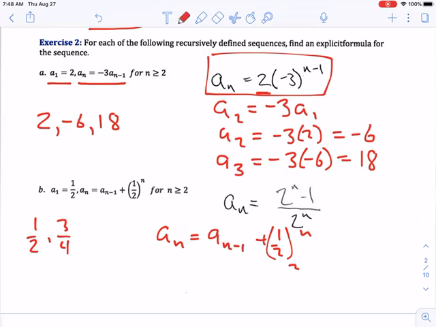So a sub 3 is going to be the term before it, 3/4, plus 1/2 to the third power. 1/2 to the third power is 1/8. So 3/4 plus 1/8 is what? 3/4 is going to be 6/8 plus 1/8 is 7/8.